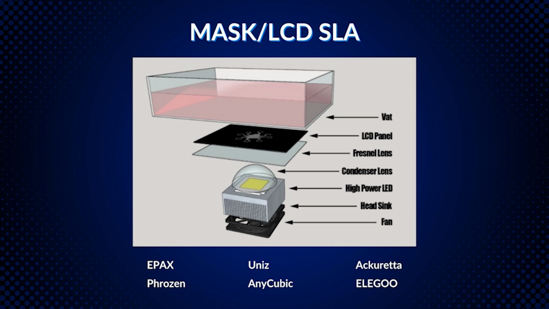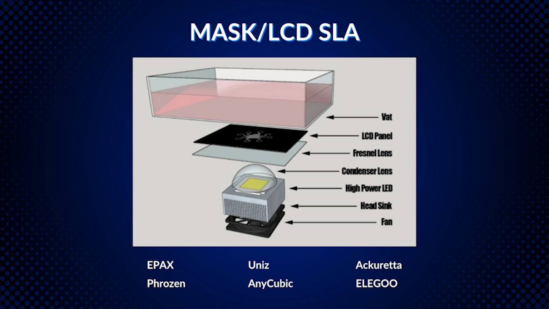What LCD printers do is they use a light source, typically not as powerful as the DLP printers, and that's what helps keep the price down on these printers. We've got a light source, and then we have an LCD panel, just like you have on your televisions at home, that blocks the light that isn't needed. So again, we've got a vat of UV curable photopolymer.